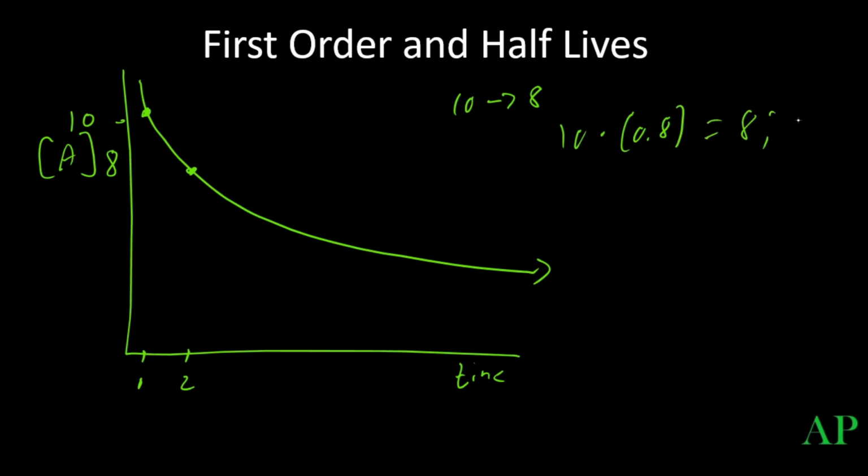And this took 1 minute. If I go to my next minute, I can take this original concentration, go to that time frame, and the value that corresponds to it is going to be 8, my previous value, times again 80%, which gives you 6.4.